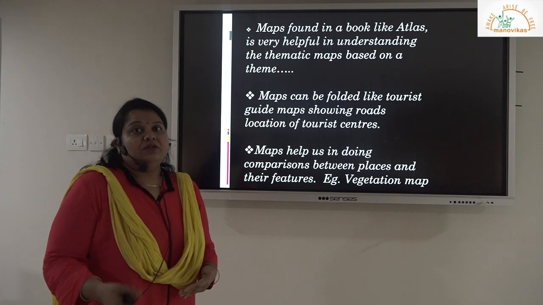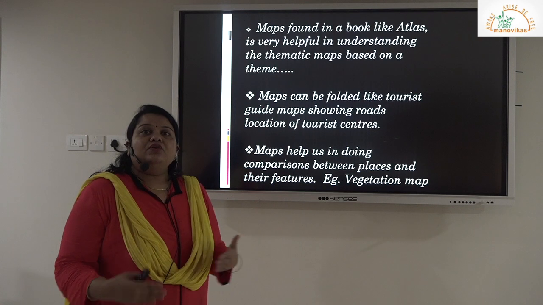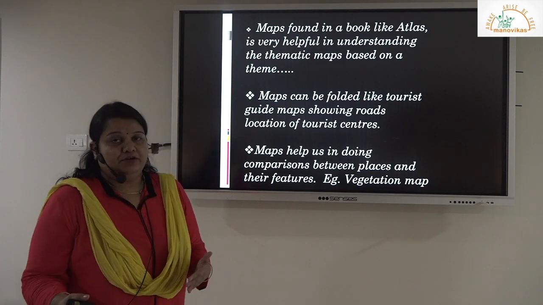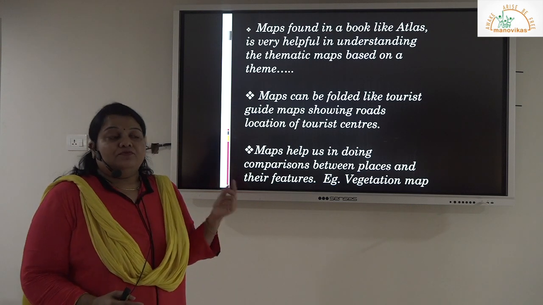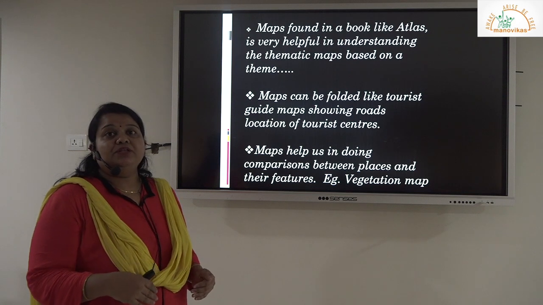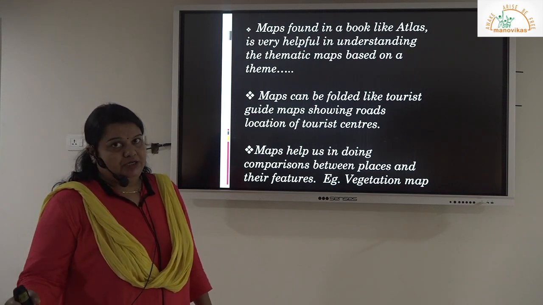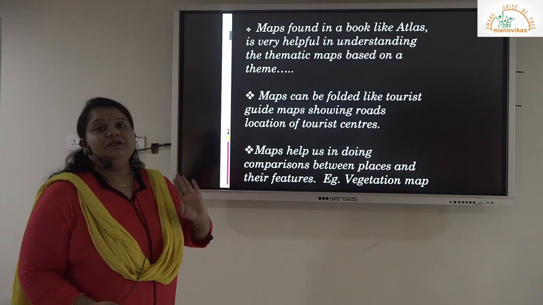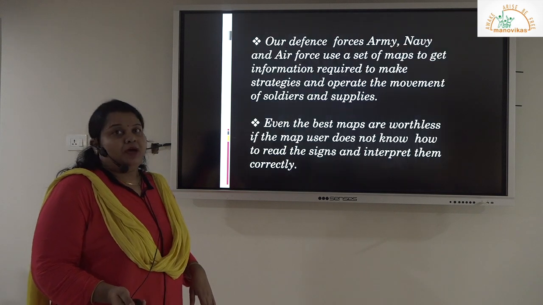Looking at all the construction coming up, flyovers, bridges, you can see a lot of threat has taken place to the environment. So you can easily compare the vegetation map for the year 2000 to 2020, similarly comparing it with the developmental projects from the year 2000 to 2020. So that helps for comparison purposes. So this is another importance of understanding maps.